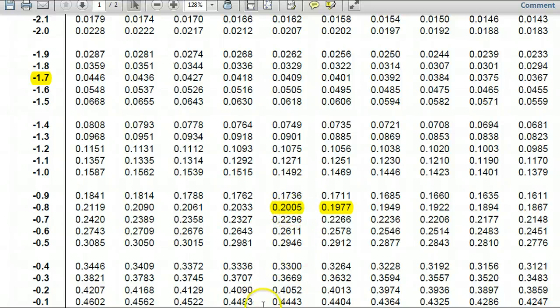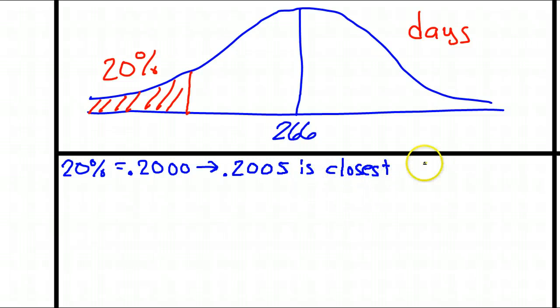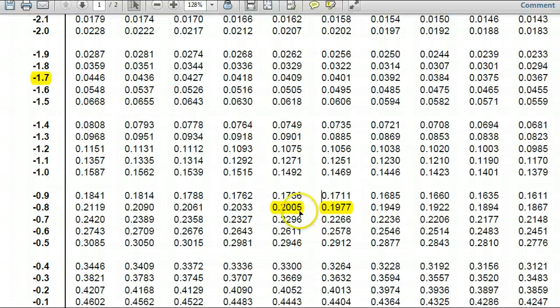So that's the decimal we're going to use, 0.2005. Okay, so 0.2005 is closest. Write that down. Okay, so that was the closest.